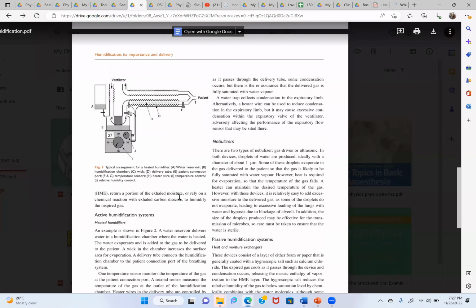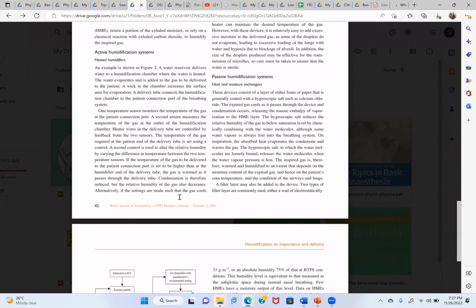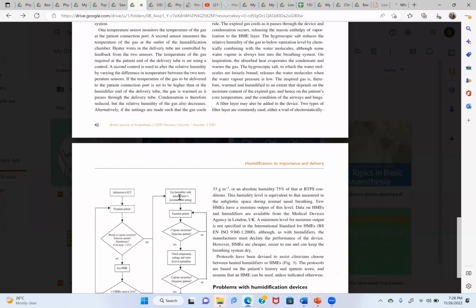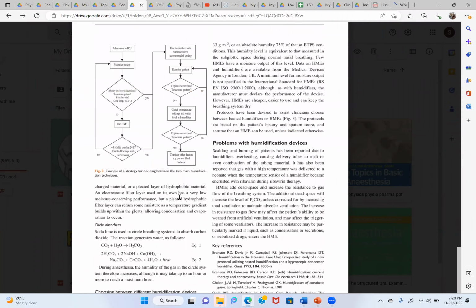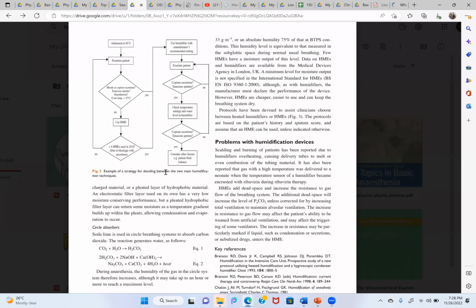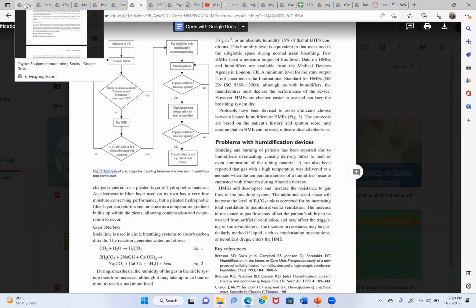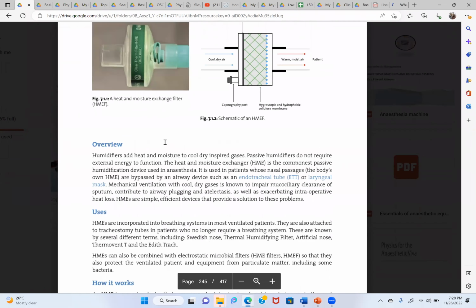Because this is the main concept, that how to measure, what are the uses, what are the advantages, what are the disadvantages. I will share these articles with you. These are the sources.